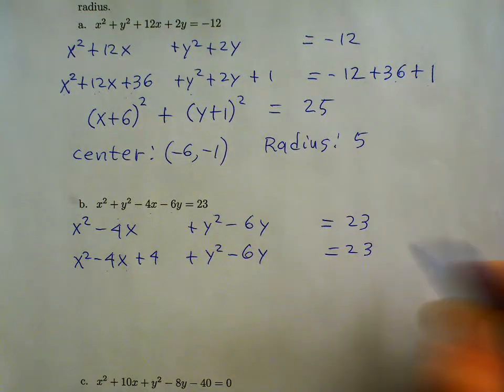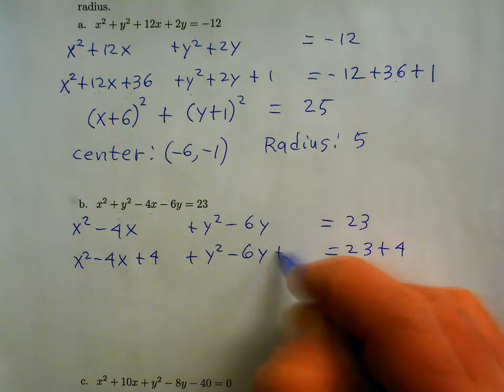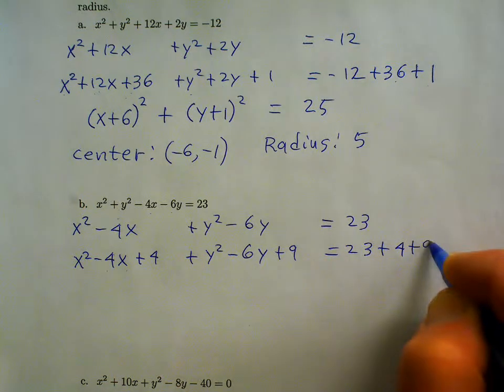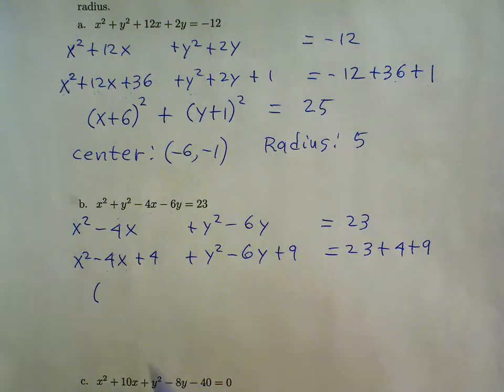So we're going to add 4 to both sides. And then we'll create another perfect square trinomial. Half of -6 is -3, and when you square -3, you get +9. So we add 9 to both sides. And then in the next equation, we can write the standard form.